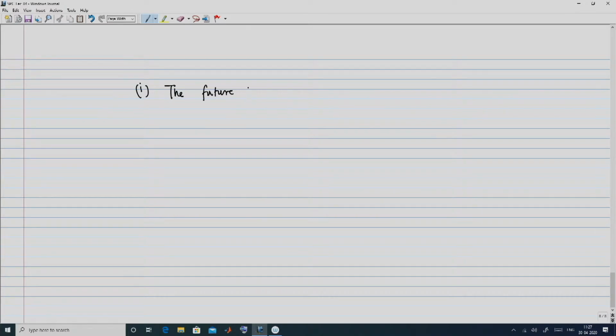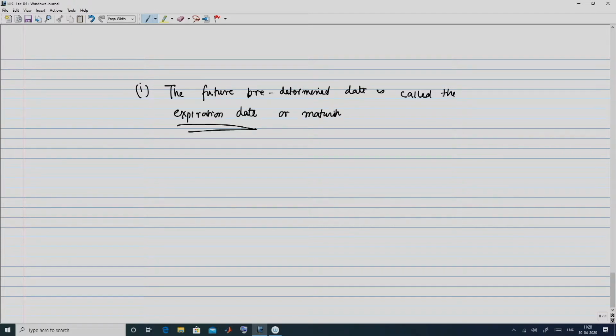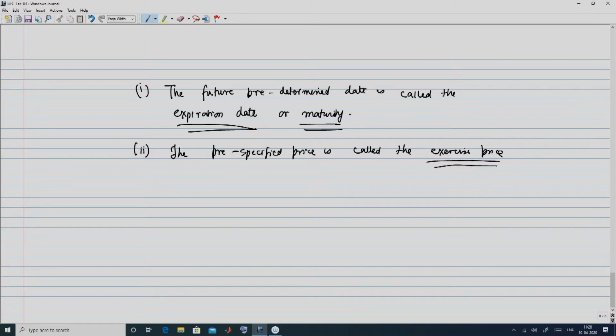The future predetermined date is called the expiration date or maturity, and the pre-specified price is called the exercise price or the strike price.